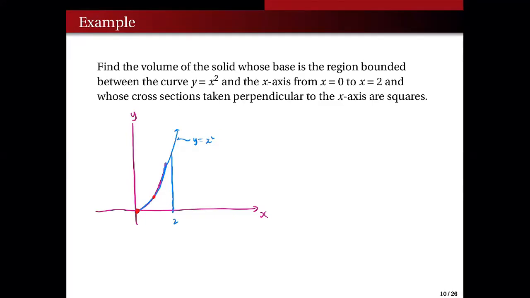If we look at this point here, of course, this will be the height. Cross sections are perpendicular to the x-axis, so you will have something like this. This is a cross section. If you have this point here, the cross section will be perpendicular to the x-axis, so you will have this here.